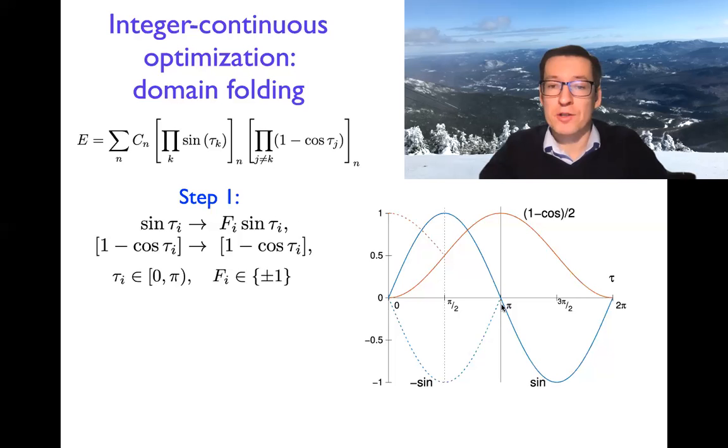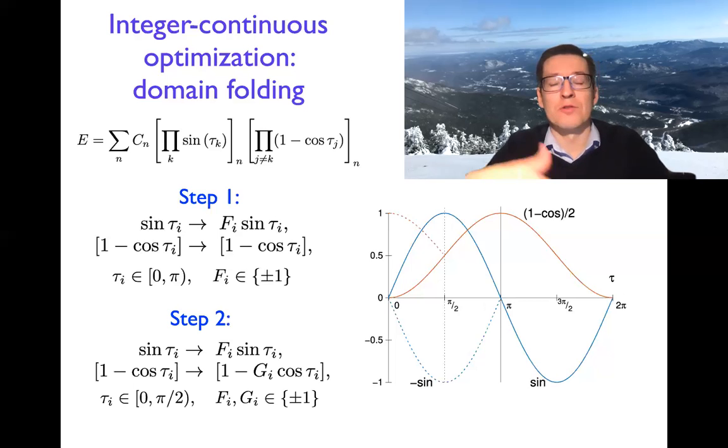The second branch is essentially a reflection of the first one in the x-axis, or the tau axis in this case, right? And in order to switch between the two branches, if you want to potentially have access to both of them, you introduce an integer variable, and the integer variable is naturally plus minus 1. So what you achieve by doing this step is that you reduce the domain for the amplitude from 0 to 2 pi to just half of it, 0 to pi.